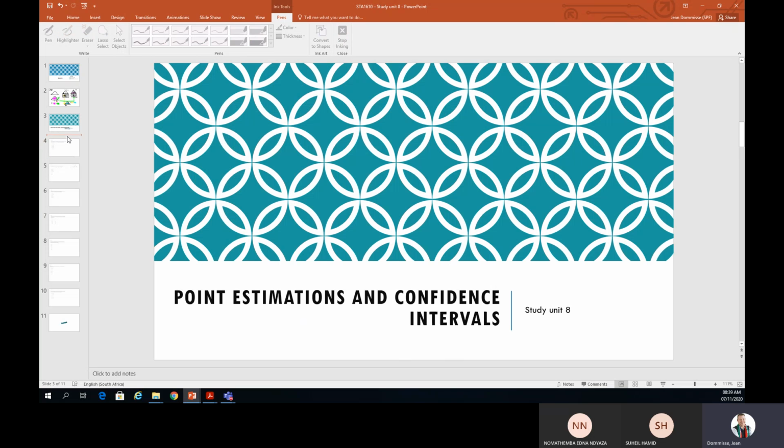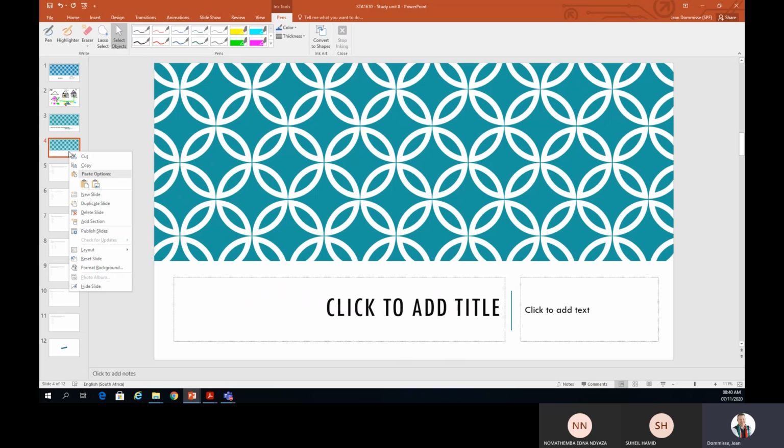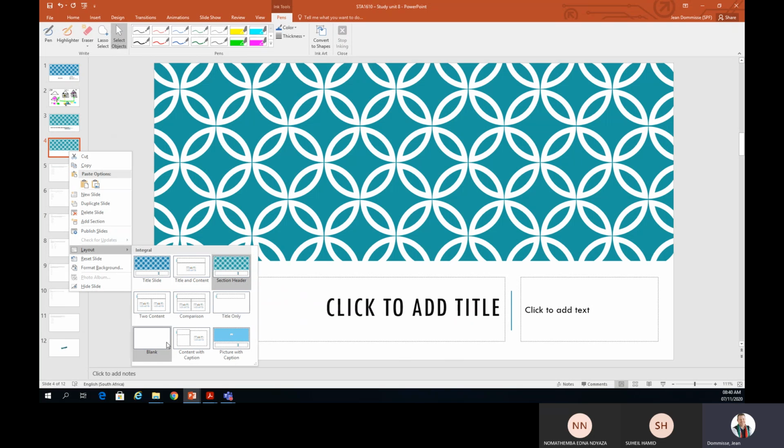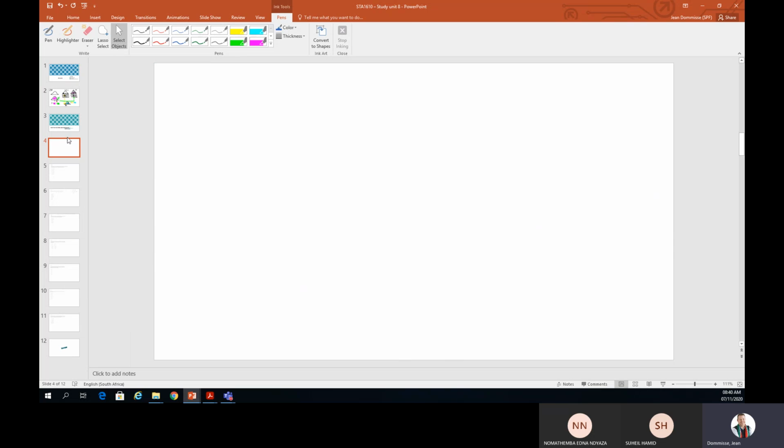Let's include quickly a new slide. So basically, remember there is a Z and a T for confidence that we will use for confidence intervals.